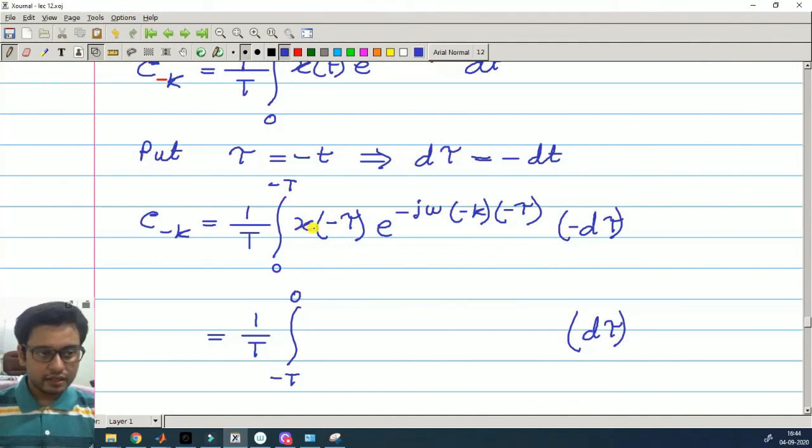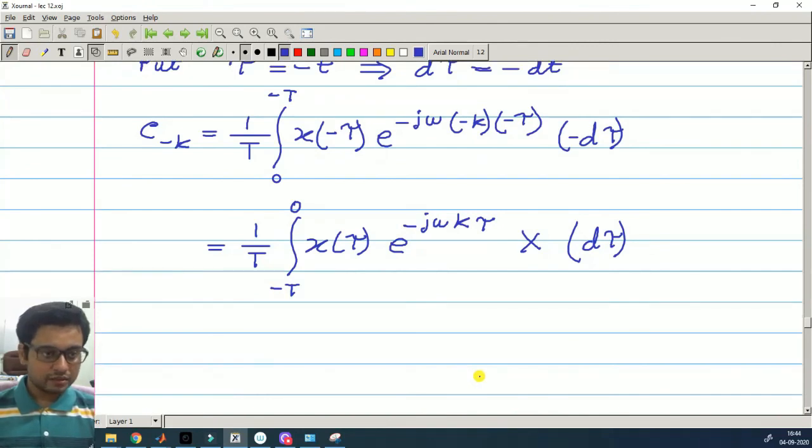Here x(minus tau) is the same as x(tau) because x is an even function. Then e to the power minus j omega minus k minus tau will become plus k tau. Or let me write it nicely.